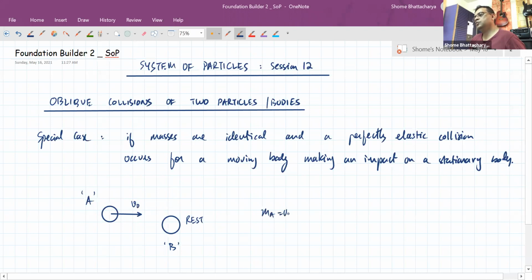Mass of A is equal to mass of B, and the collision is perfectly elastic.